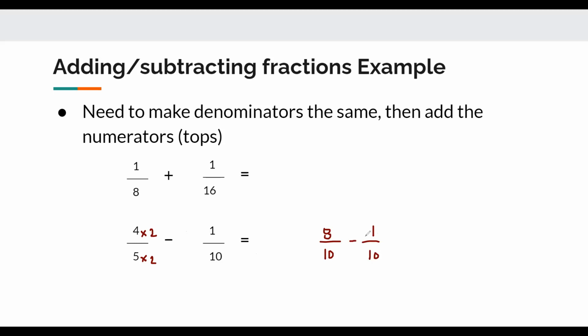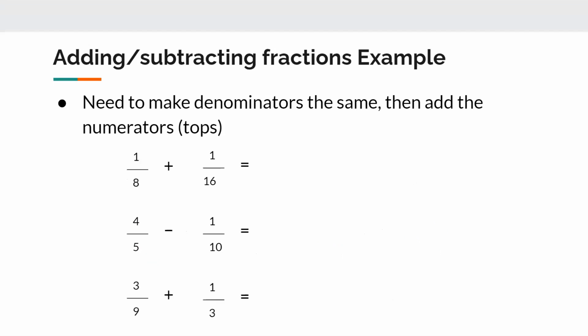Now that the denominators are the same, we can do the math. 8 minus 1, subtract the numerators, and we leave the denominator alone. The answer to that would be 7/10. As is always the case, feel free to pause this video if you want to review this again.